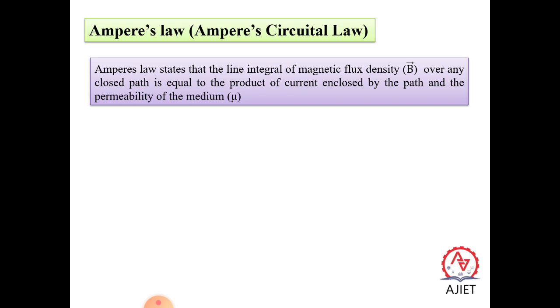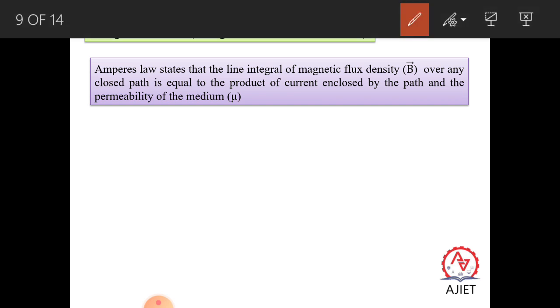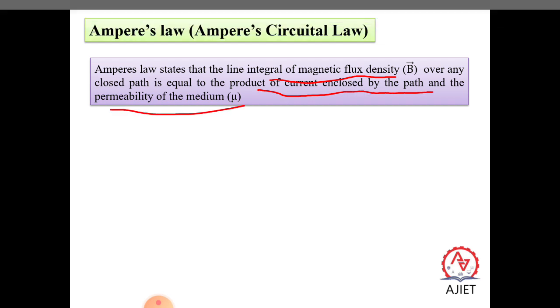In a simple statement, the line integral of magnetic flux density over a closed path is equal to the product of the current enclosed by the path and the permeability of the medium.